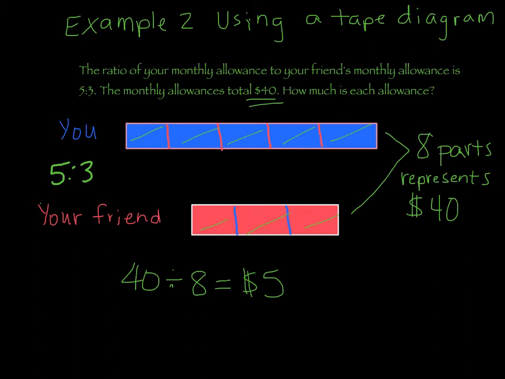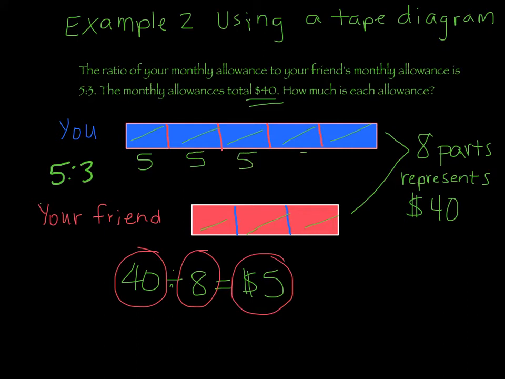I took my $40 and divided it by my total of 8 parts, and I come up with $5. So that must mean that each part equals $5.